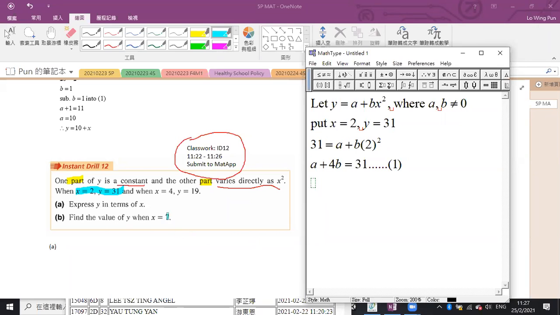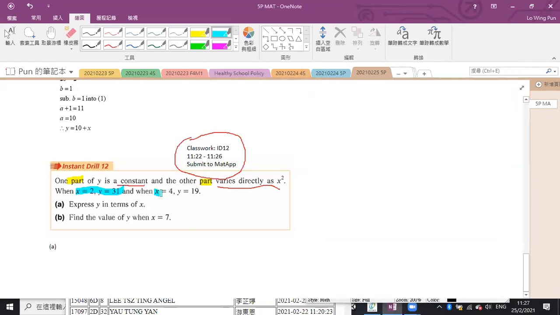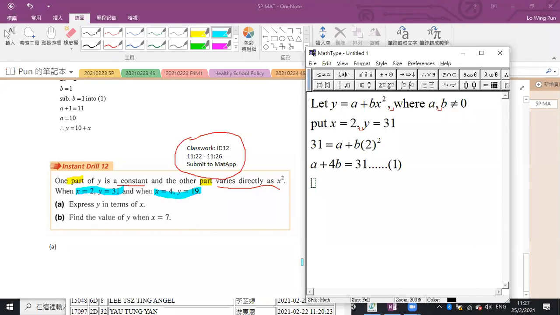For the second pair, x is equal to 4 and y is equal to 19. So 19 is equal to a plus b times 4 squared, so we have a plus 16b equals 19, and call this equation 2.